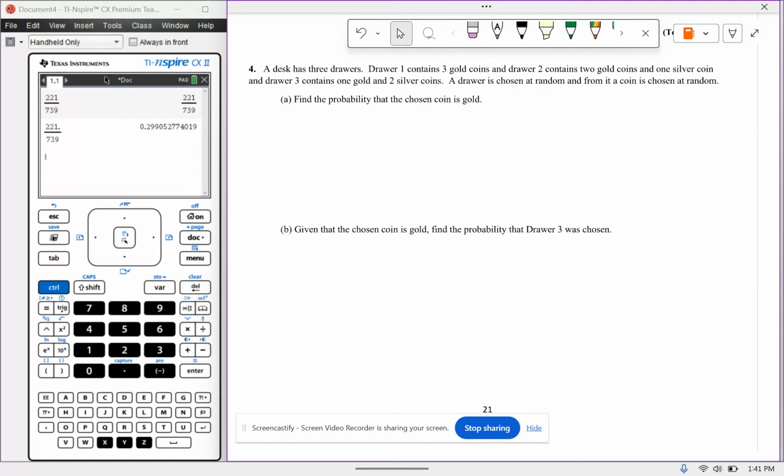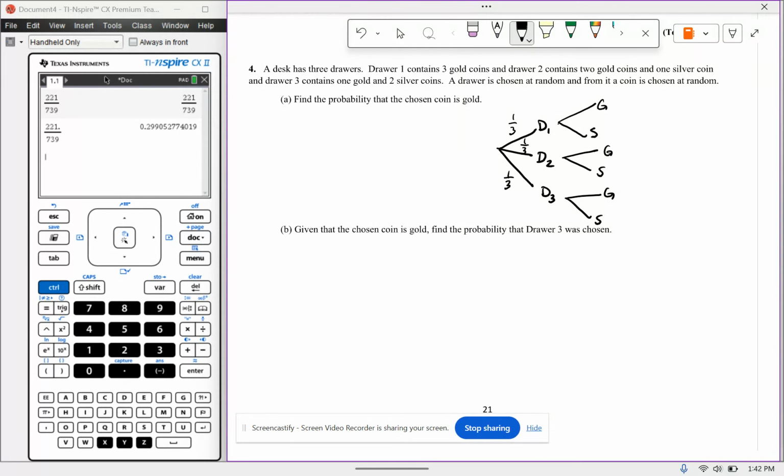And how many drawers are there? You walk up to the dresser. It's equally likely that you could pick drawer 1, drawer 2, or drawer 3. What's the probability if it's equally likely and there's 3 things? 1/3, 1/3, and 1/3. What is the second event? Gold coin, or what else? A silver coin. Good job.